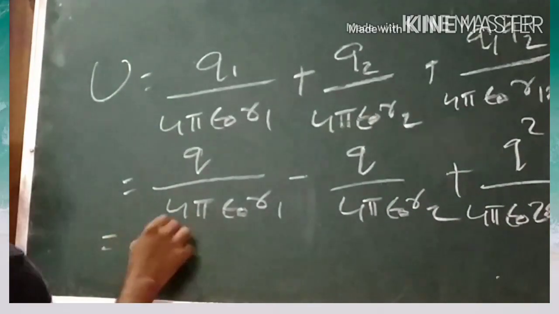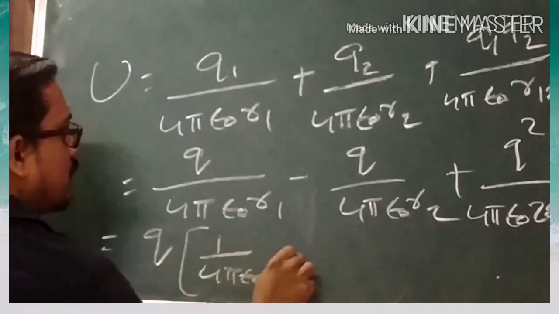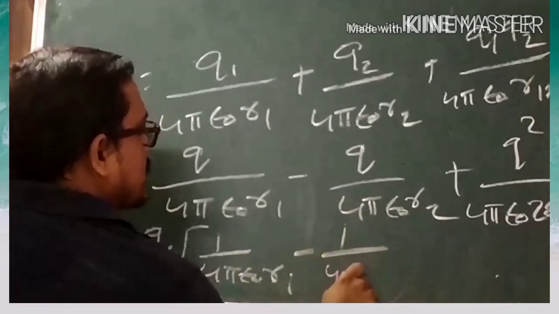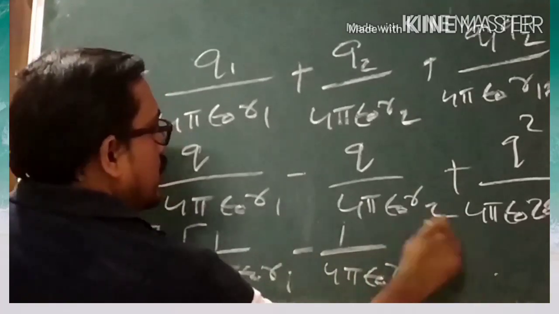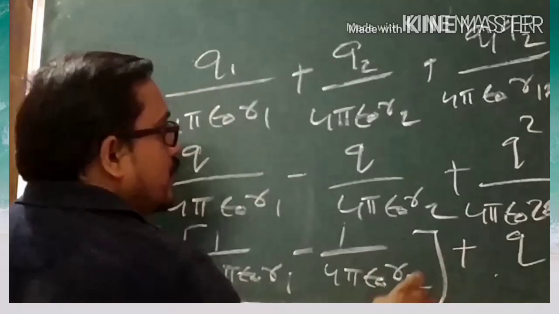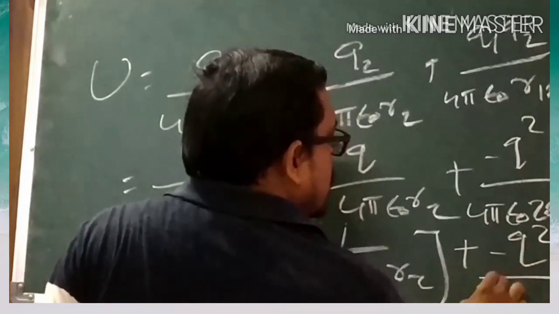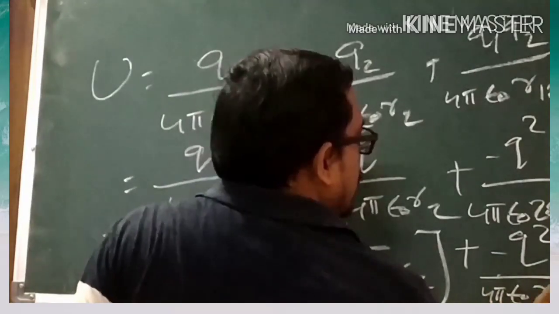Now taking Q common, this will be equal to 1 by 4 pi epsilon 0 R1 minus 1 by 4 pi epsilon 0 R2. Now we can say Q1 will be of the same magnitude, but we have taken the opposite direction, so this is minus Q, this is 4 pi epsilon 0 2a.